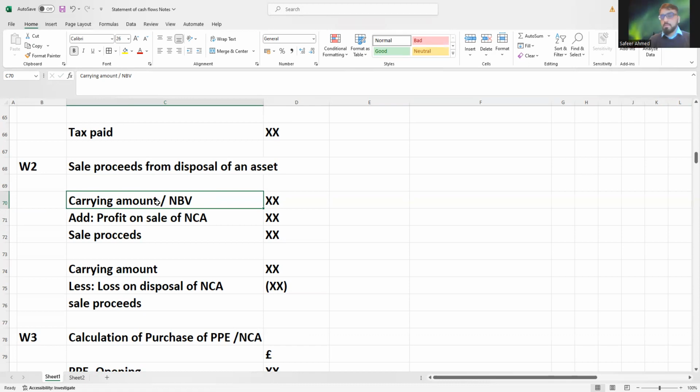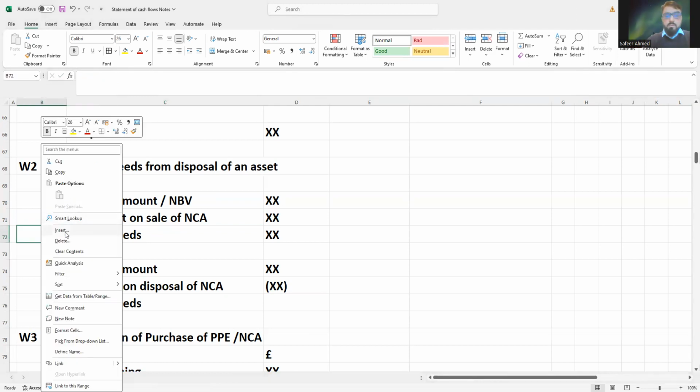So they normally tell you that an asset has been sold, the cost of it was this much, accumulated depreciation this much, and this much profit or loss we have made on that. So if we made a profit on that, we add profit on sale of non-current asset. But we might have made a loss as well.